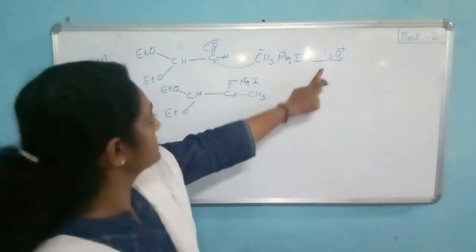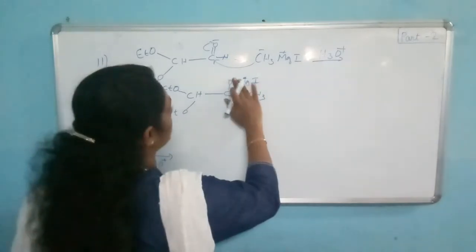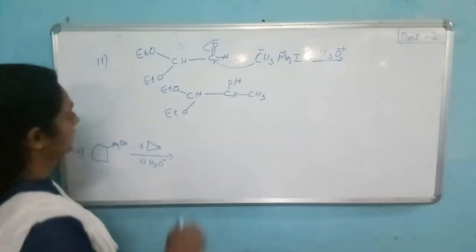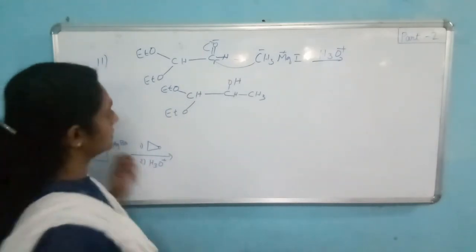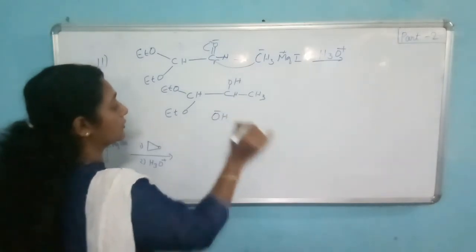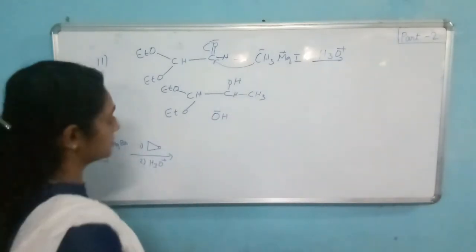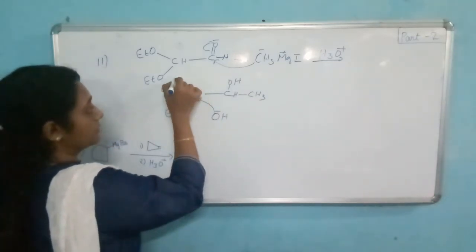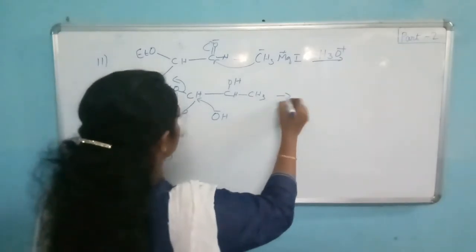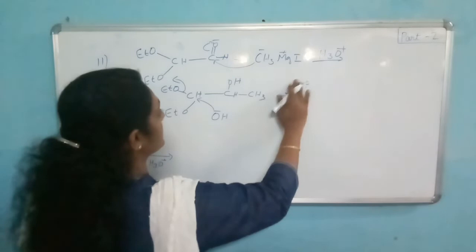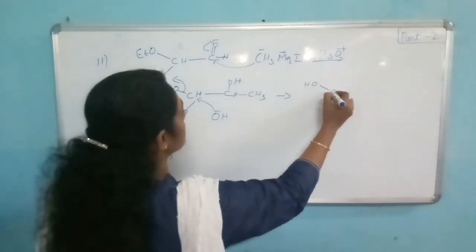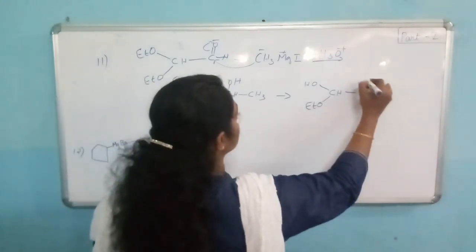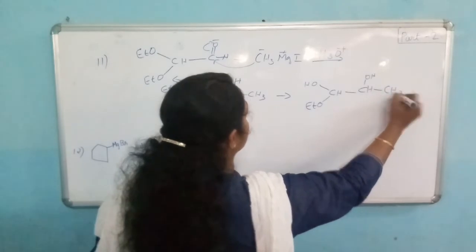Okay, the next step is hydrolysis, and on hydrolysis we get OH here, but here two leaving groups are there. Therefore, OH minus from the hydrolysis, from water, attacks the carbon, and this group leaves, and we get OH in place of OEt.